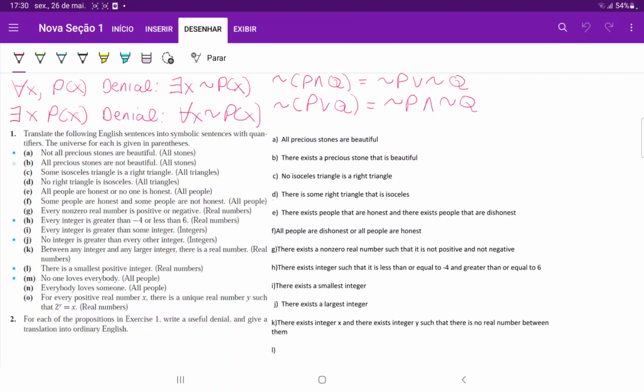So for L, there's the smallest positive integer, right? There is existential, so we're going to use the universal to deny it. So we're going to say for all positive integers, there exists a smaller positive integer.